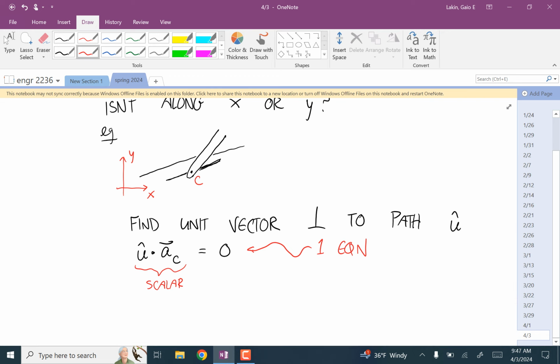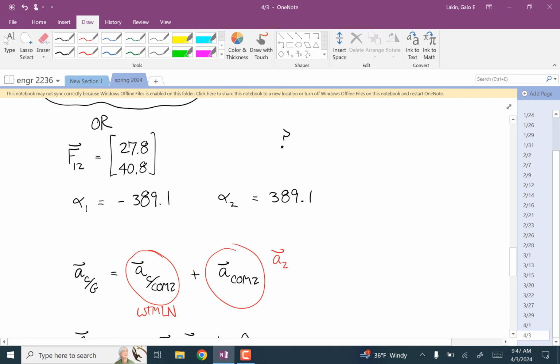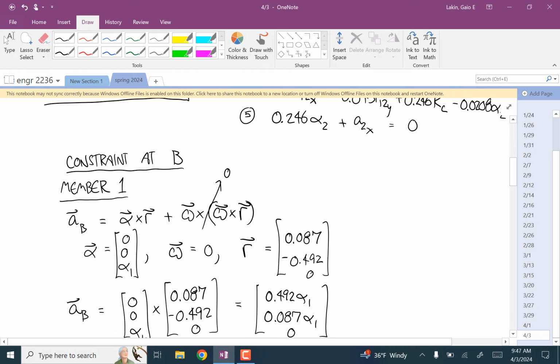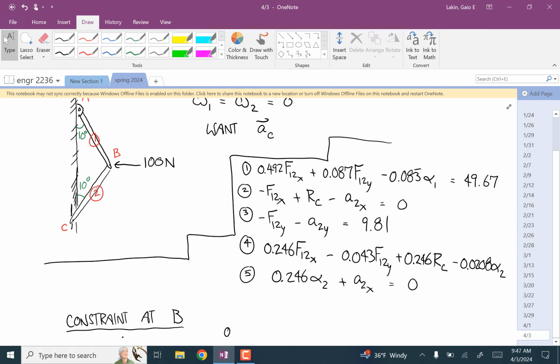And notice that this is exactly what we do. We didn't think of it this way, but this is exactly what we do with horizontal and vertical constraints. So in this case, a unit vector that's perpendicular to that path is 1, 0, right?